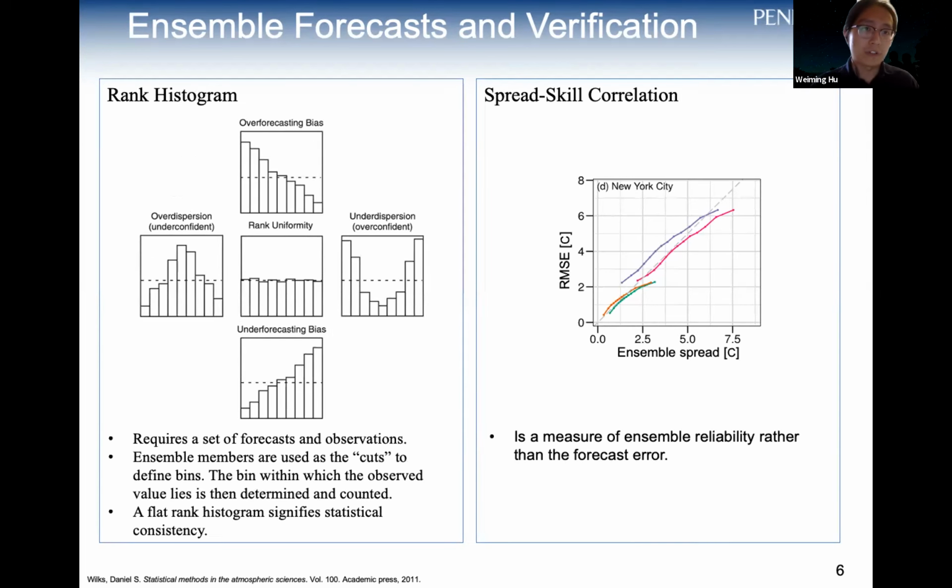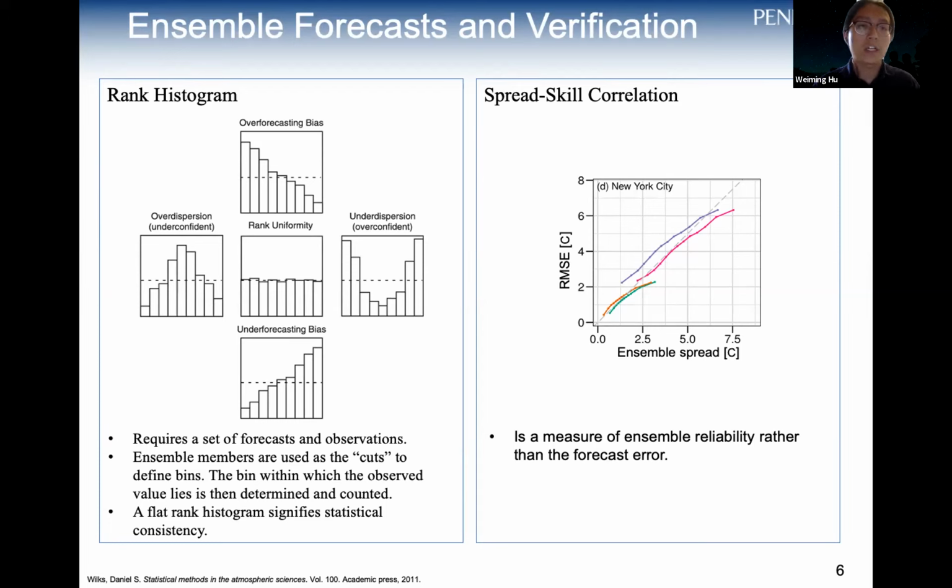Rank histogram, first of all, is a measure of how well two distributions match. So let's say you have an ensemble forecast and you have observations, you want to see whether the forecasted distribution and the observed distribution actually match up. To generate a rank histogram, it usually requires a set of forecasts and observations.